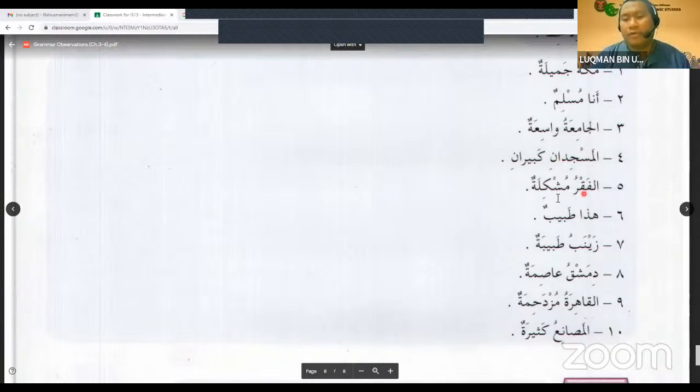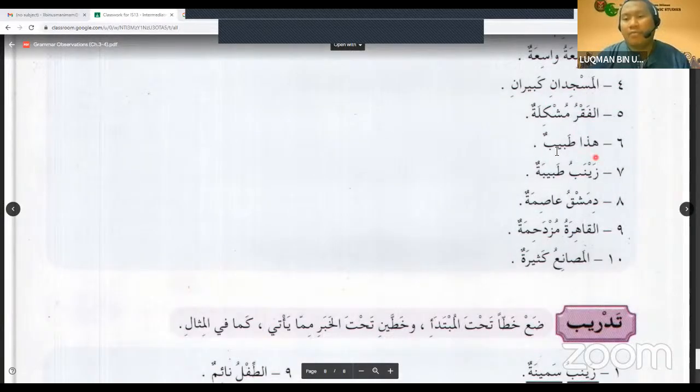Then al-faqru mushkilatun. Poverty is a problem. Hadha tabibun. This is a doctor. Zainabu tabibatun. Zainab is a doctor. Dimashqu asimatun. Damascus is a capital.